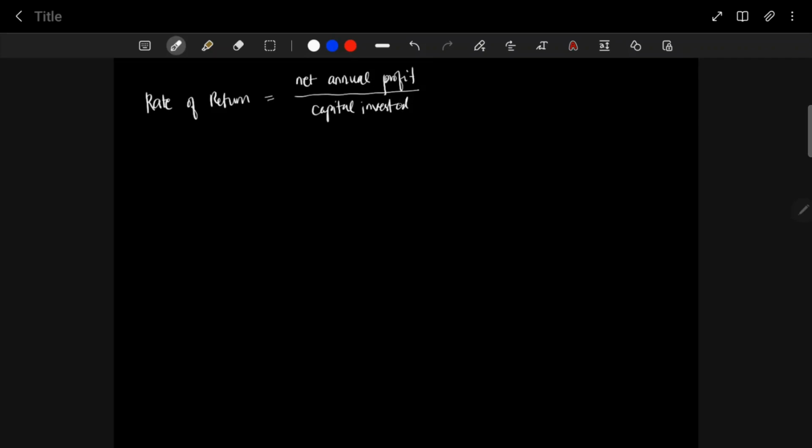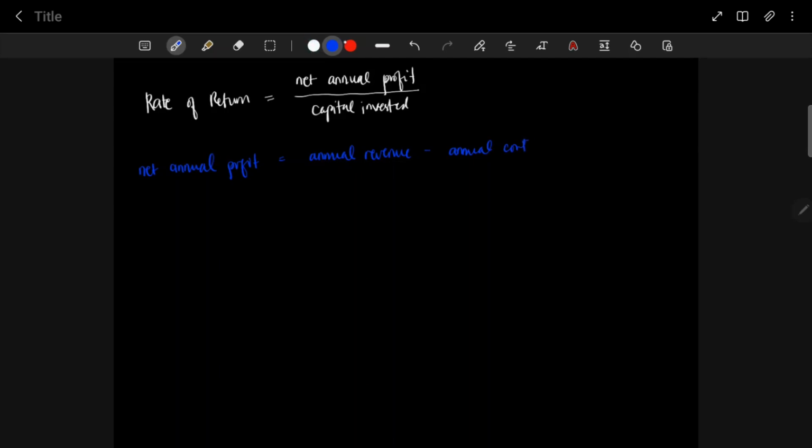When we say profit, you have to subtract from your income whatever you spent. Therefore, the net annual profit is equal to the annual revenue minus the annual cost.